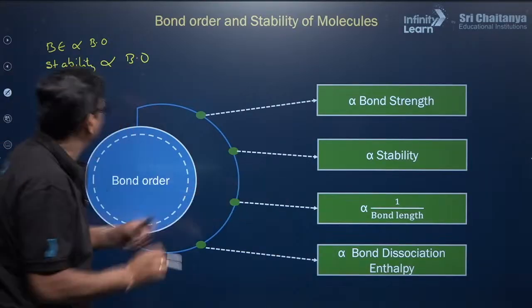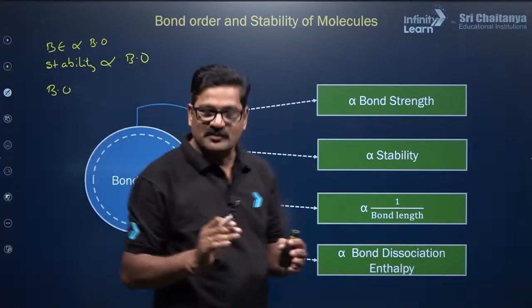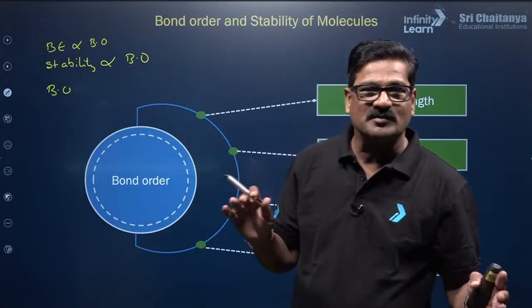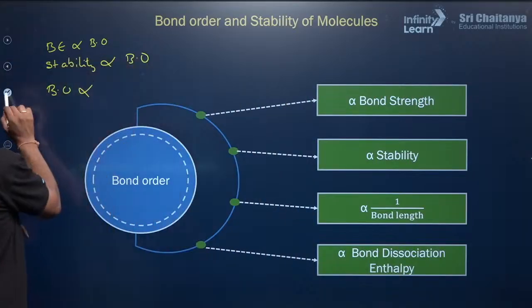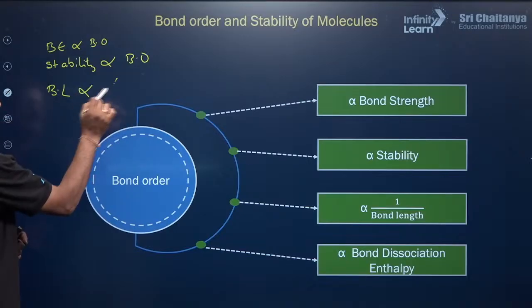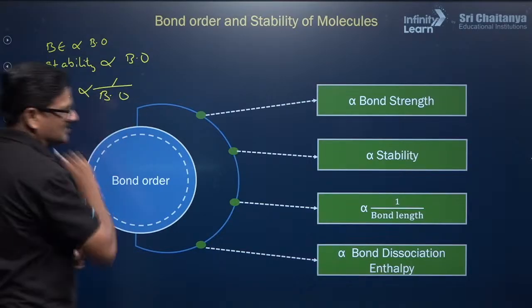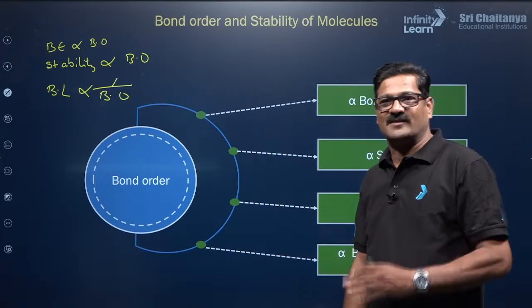Bond length is inversely proportional to bond order: the shorter the bond, the stronger it is; the longer the bond, the weaker it is. Bond dissociation energy and stability behave in the same way as bond order.